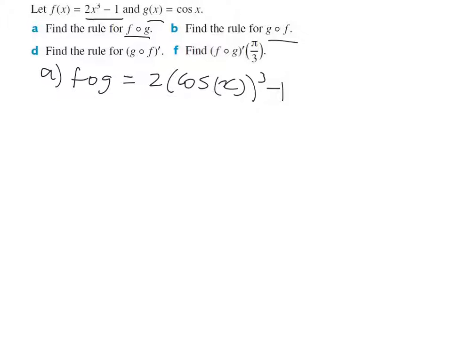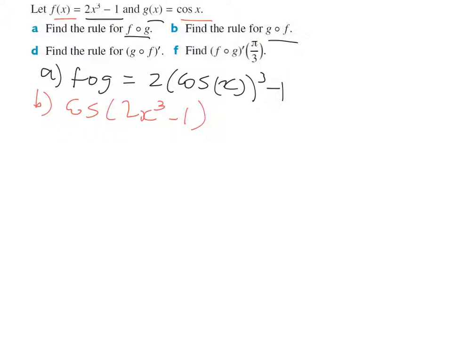For g of f of x, that means we're putting in g of x, which is cos x, and we're replacing x with f of x. So for part B, we have cos, and instead of x, we're putting in 2x cubed minus 1. So that's g of f.